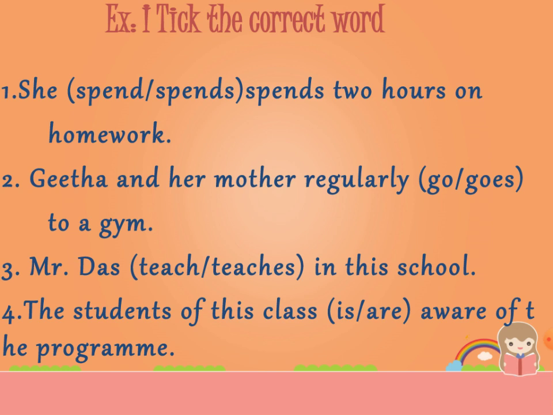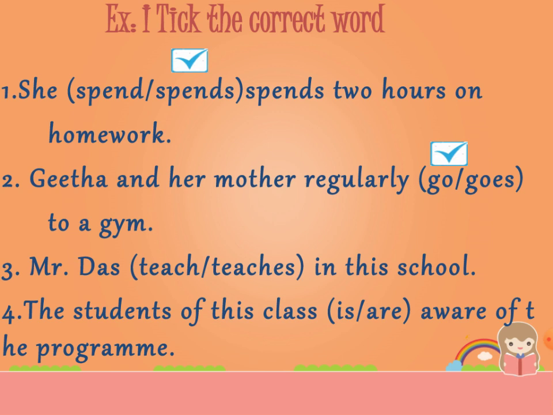So she. She is a singular subject. So you will use spends: she spends 2 hours on homework. Geeta and her mother. Now here you have a compound subject. So you have to regard it as plural. So when you get a plural subject, you have to use the verb without es or s. So the answer is go.